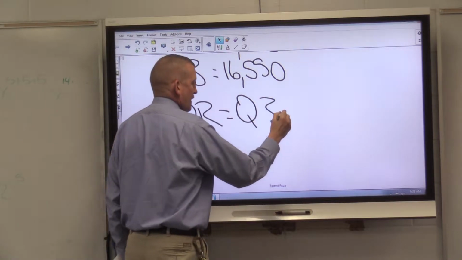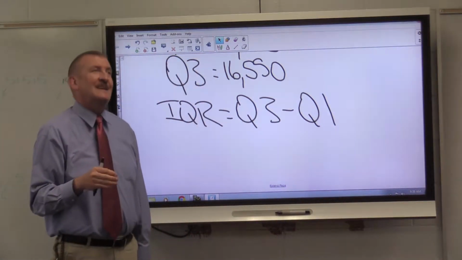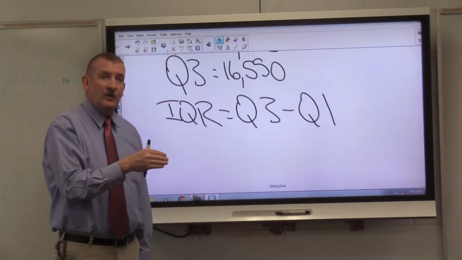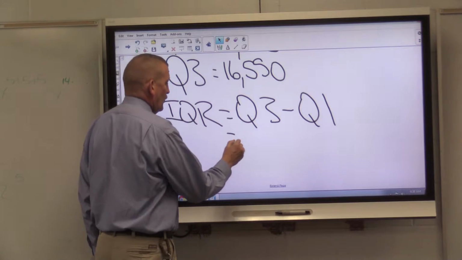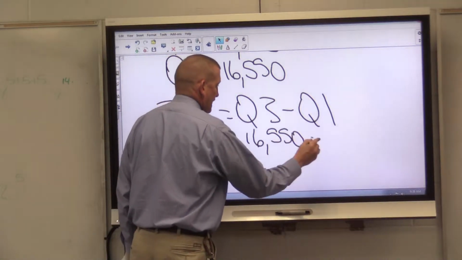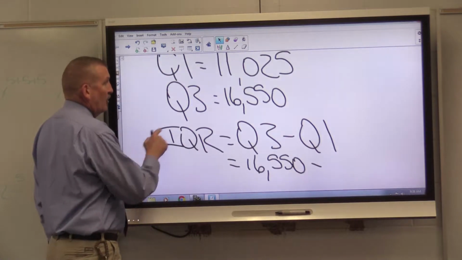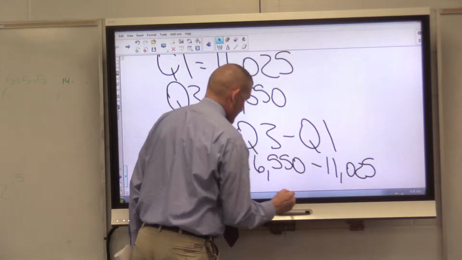Remember, your interquartile range you get by taking your upper quartile minus your lower quartile. All right, well, my upper quartile is 16,550 minus my lower quartile, 11,025.